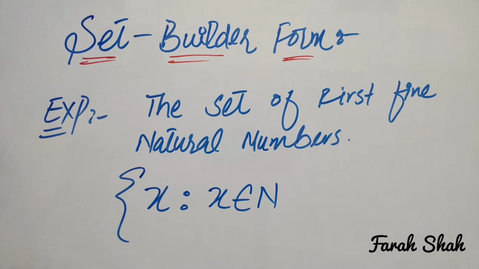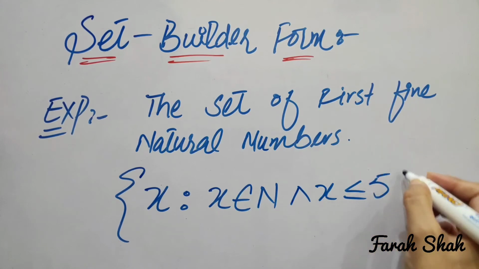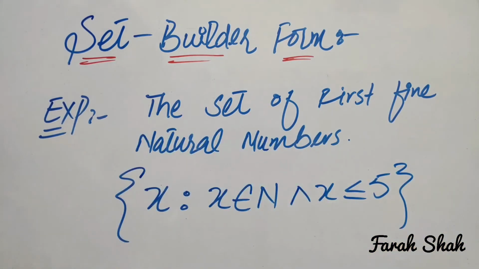Since the elements are natural numbers, so we will specify the property here. x belongs to N and x is less than or equal to 5. So this set is read as the set of all x such that x belongs to N and x is less than or equal to 5. It means this is the set of first 5 natural numbers.